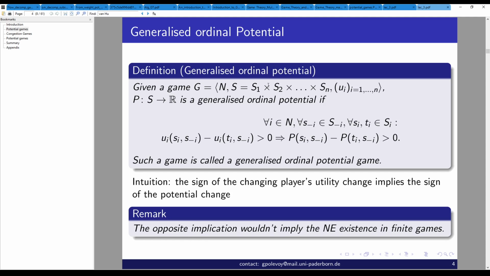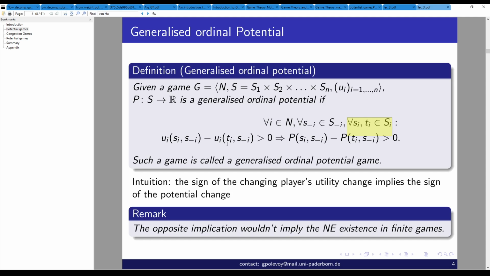Formally, for any player I, for any subprofile of strategies of the other players, and for any two strategies for that player I, we have the utility of player I changes.